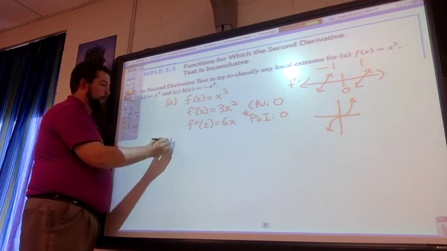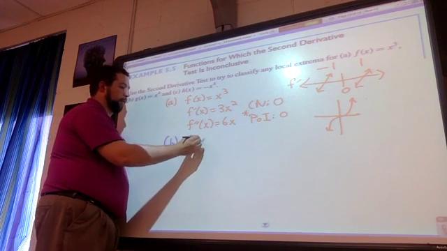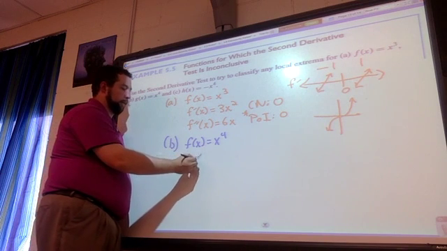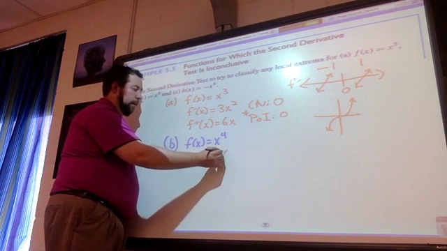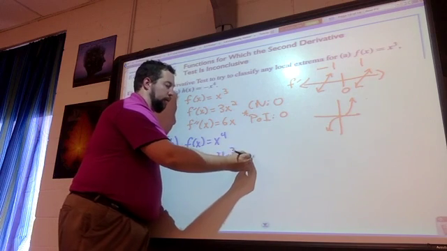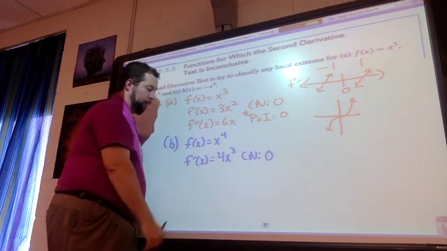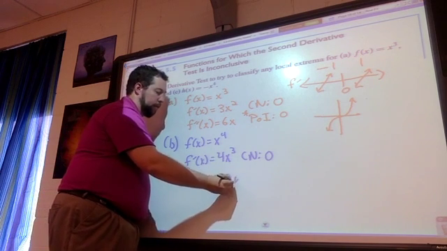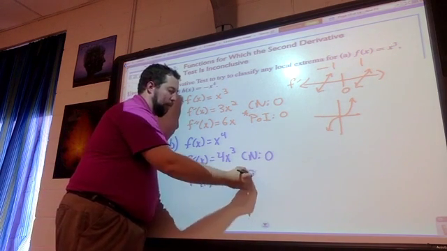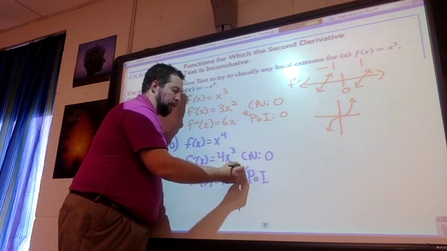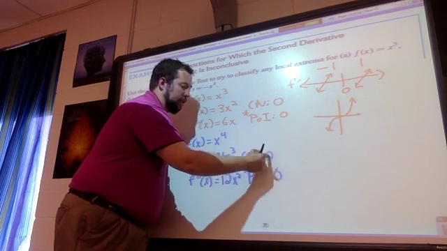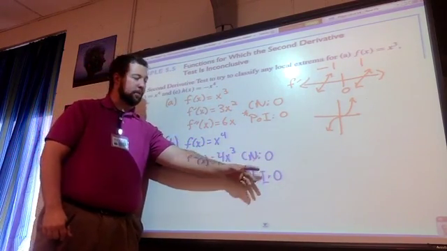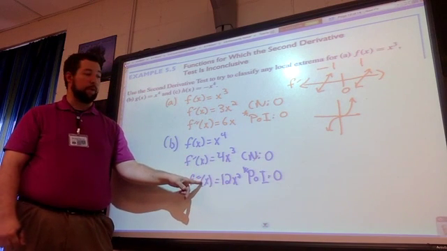It's not always going to happen like that. Okay? Our example we did earlier, f of x is equal to x to the 4th. All right, its first derivative is 4x cubed, so critical number at 0. And the second derivative is 12x squared, and so your possible point of inflection is also 0. Okay? And these numbers don't have to be 0, but the fact that they're a critical number and a possible point of inflection tells me that the first derivative and the second derivative are both 0 there.